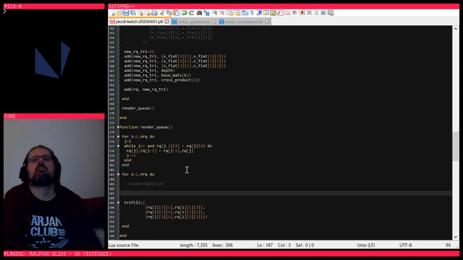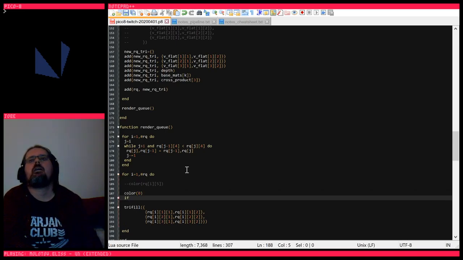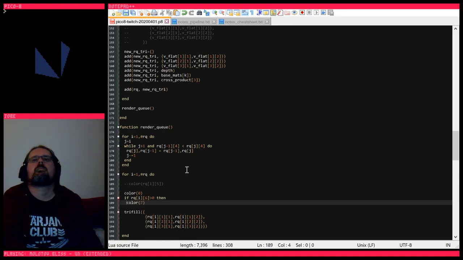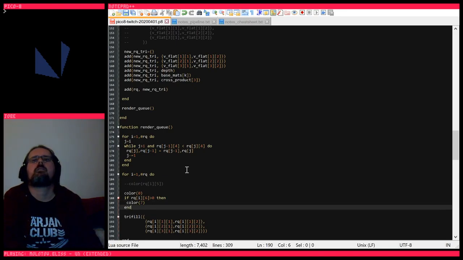So, color 0, so normally it's gonna be black, and now if the normal is greater than 0, then it should draw it as white. Yeah. Now let's see if everything's correct.